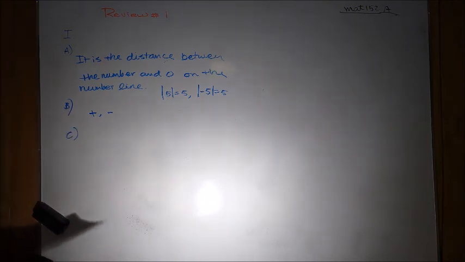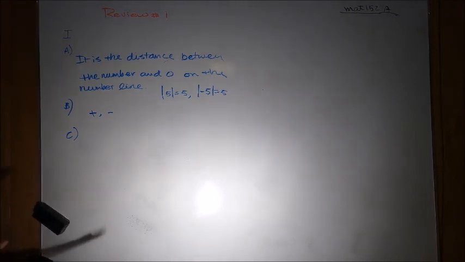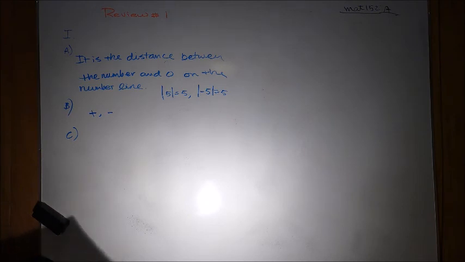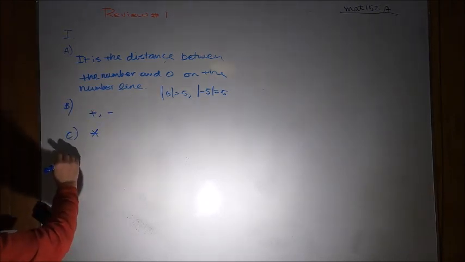Then we want you to think about what operations with fractions allow you to reduce in advance, also known as cross-canceling. When do you need to do cross-canceling? When we do multiplication of fractions, we need to do that first.